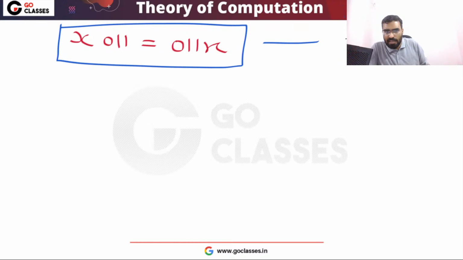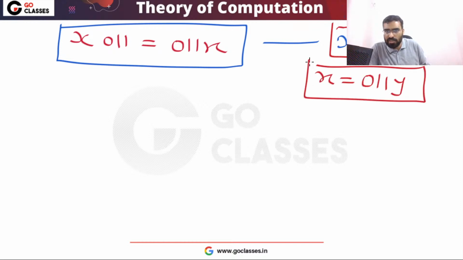I got this solution, or I got this solution. These two solutions I got, correct? Please tell me yes or no. So from this equation I got these two solutions. Now you can notice from this I got this one, y011. What I got?